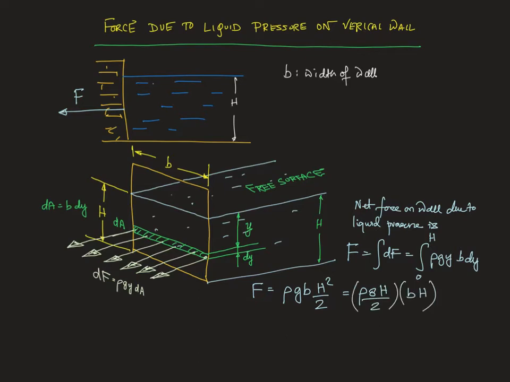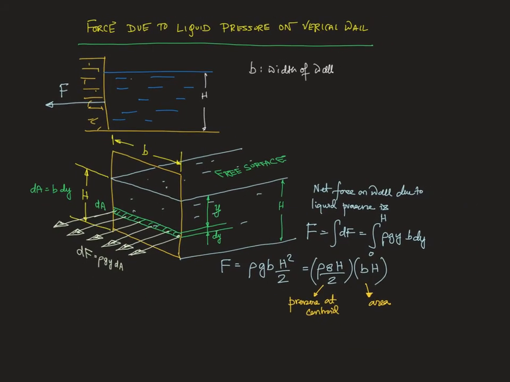So this is the general formula. It will be pressure at the centroid into the area. I mean, area means the wetted area of the wall, the surface of the wall which is in contact with the liquid, that is known as the wetted area.